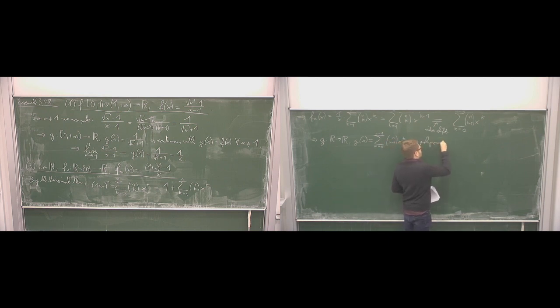And we've seen polynomials are continuous, with g of x equal to f of x for all x not equal to 0. So this shows that we have our limit.